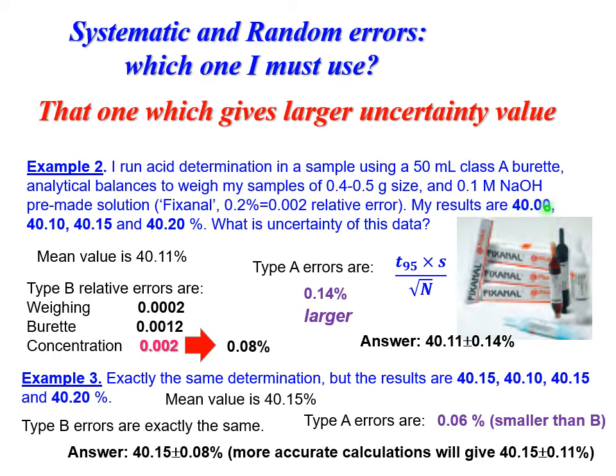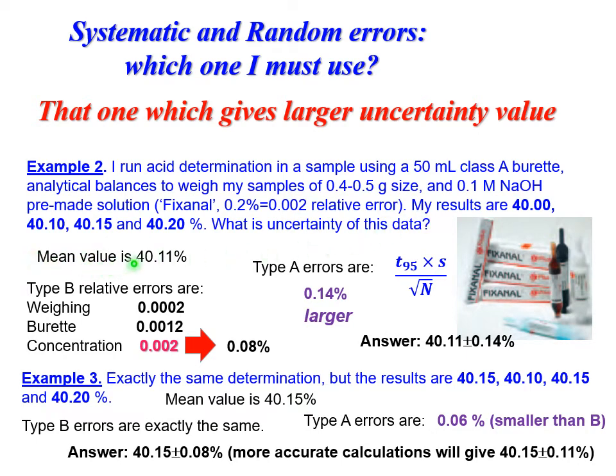Now my results of determination are 40.00, 40.10, 40.15 and 40.20%. So what is uncertainty of this data?